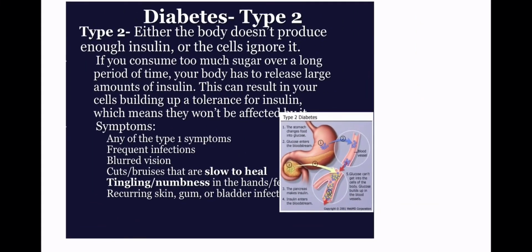Diabetes type 2. Either the body doesn't produce enough insulin or the cells ignore it. If you consume too much sugar over a long period of time, your blood has to release large amounts of insulin. This can result in your cells building up a tolerance for insulin, which means they won't be affected by it.